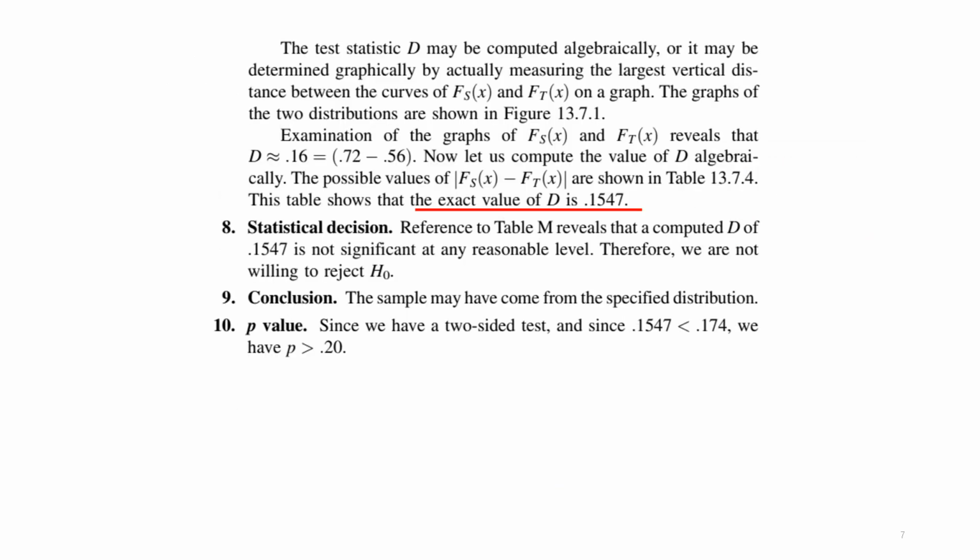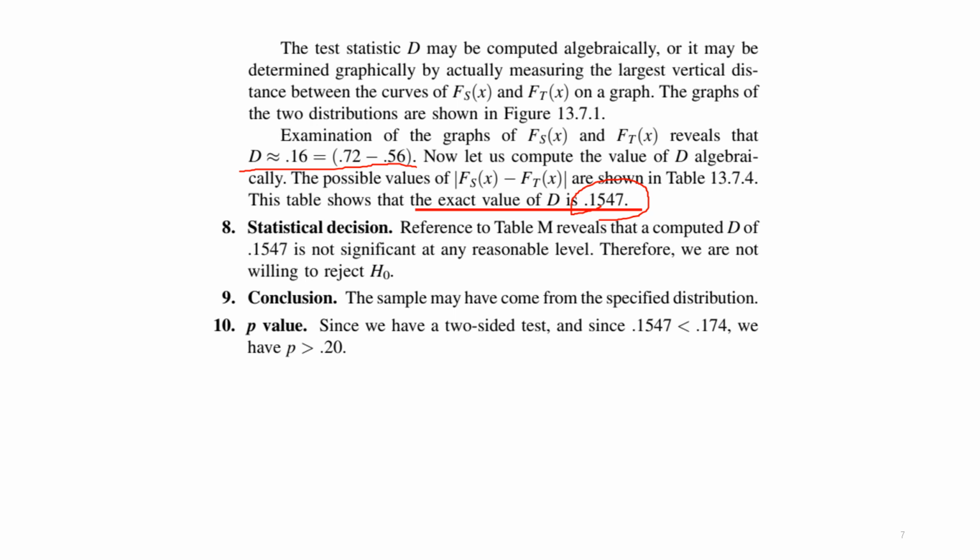Here, the test statistic D may be computed algebraically. We calculate this one. As I said before, our D was almost 0.96, located inside here. The exact value is 1.1547, so we cannot reject.